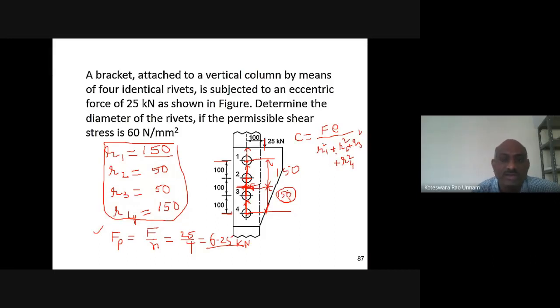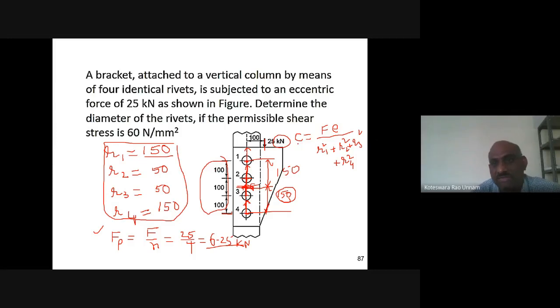You may have a doubt here because the load is in kilonewtons and the dimensions are in mm. Whether R1, R2, R3 are in meters or mm, whatever unit you consider, you can convert them to meters, or substitute as is in mm, no issue here.